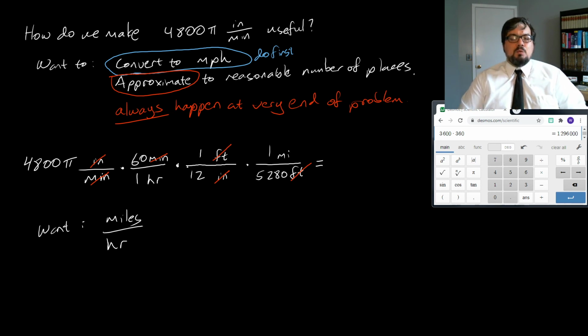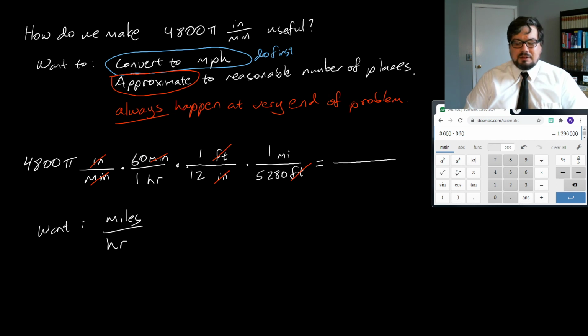Now, if we were going to be keeping things exact, leaving things in terms of pi, we'd want to go ahead and reduce things here. Because we're going to be approximating everything at the end anyway, it doesn't make a huge amount of difference here. So let's just go ahead and multiply everything across on top, multiply everything across on the bottom. So without doing our approximations yet, because we want to do that at the end, we've got 4,800 pi times 60.